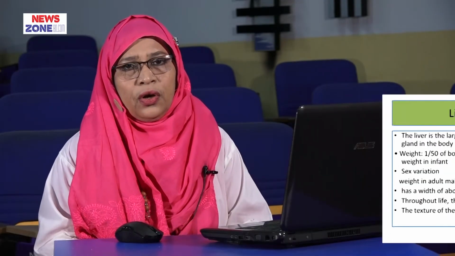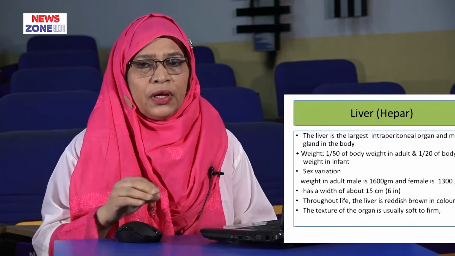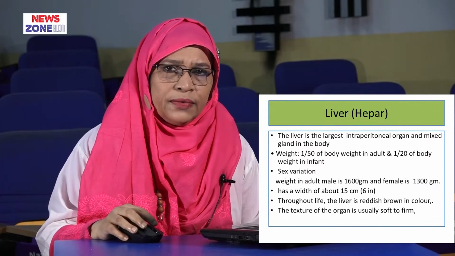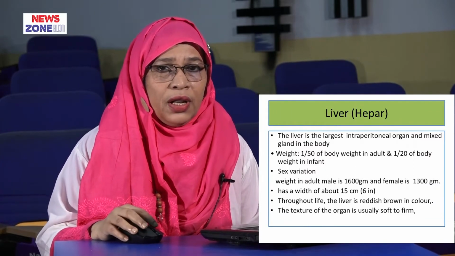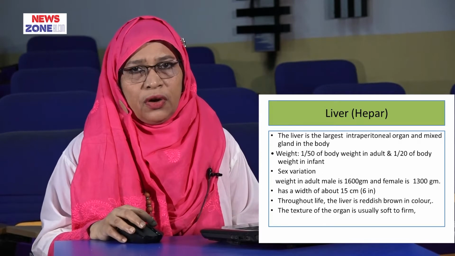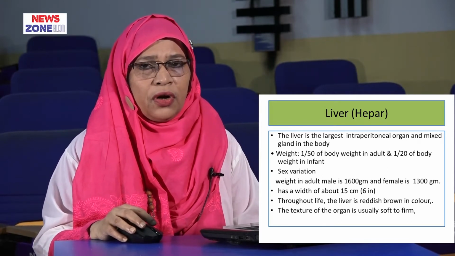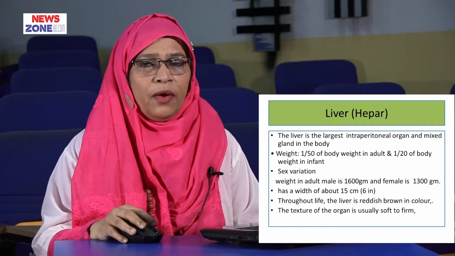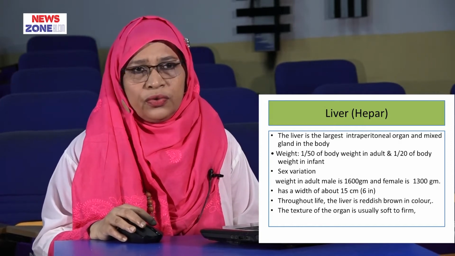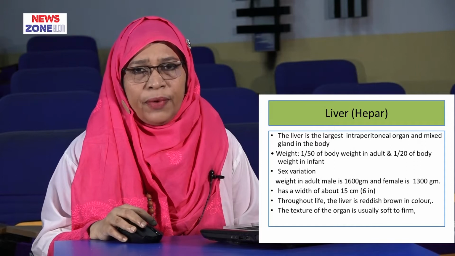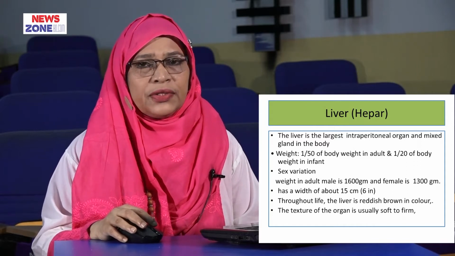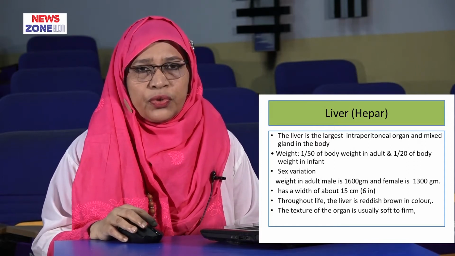Let us start with the gross anatomy. So what is the liver? The liver is the largest intraperitoneal organ, and it is also a mixed or glandular organ in the human body. Why is it called mixed? Because we know the exocrine part has a duct and its secretion is transported through the duct.